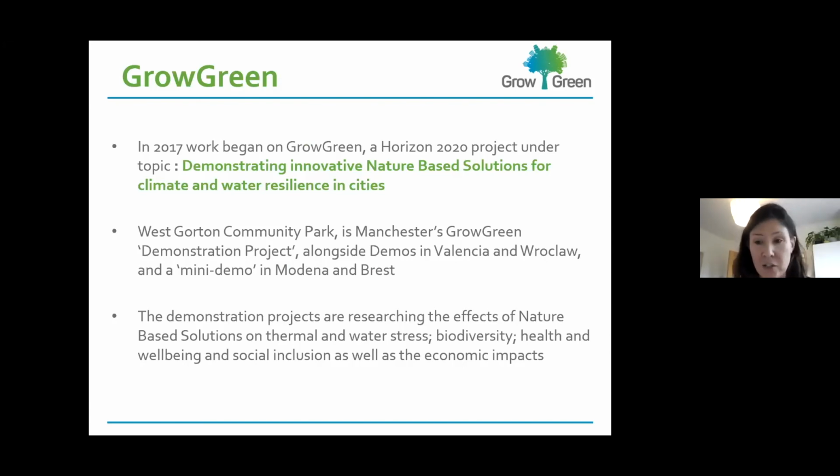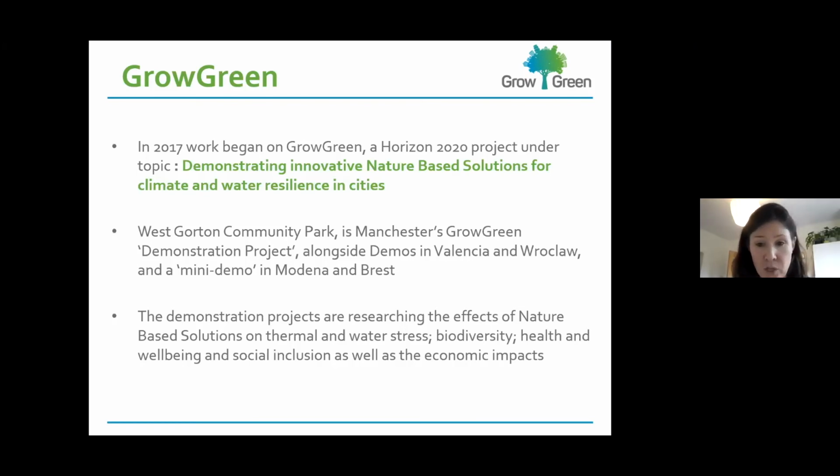It's Manchester's demonstration project, and it sits alongside 2 other demonstration projects in Valencia and Wrocław in Poland. And actually 2 of our following cities, Modena, which you all might know, and Brest in France, have also implemented their own sort of mini demonstration projects as well, which they're looking into.